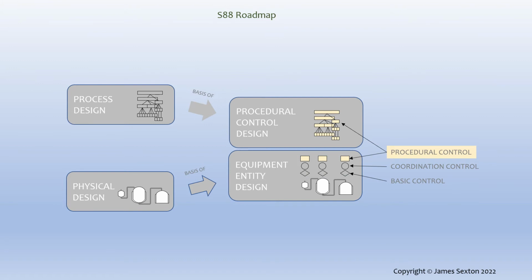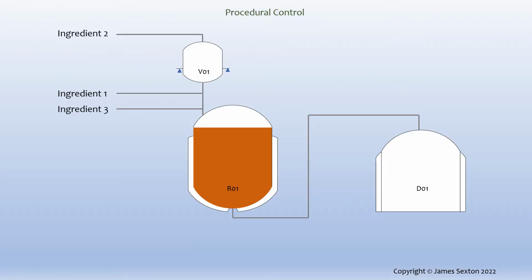The next type of control on our equipment entity model is procedural control, the type of control that is characteristic of batch manufacturing. There will be more about the different types of procedural control when we get to the procedural control model, but for now, in general, procedural control is control that executes sequences intended to accomplish a specific process-orientated objective or task.